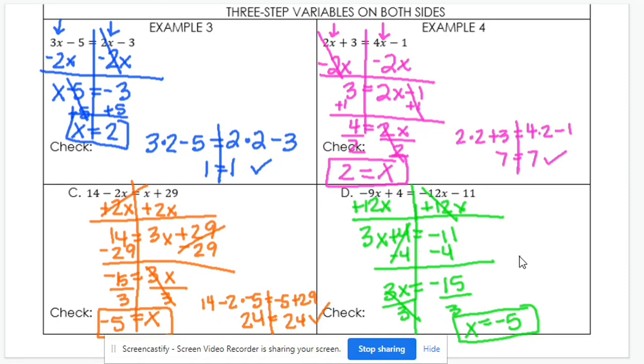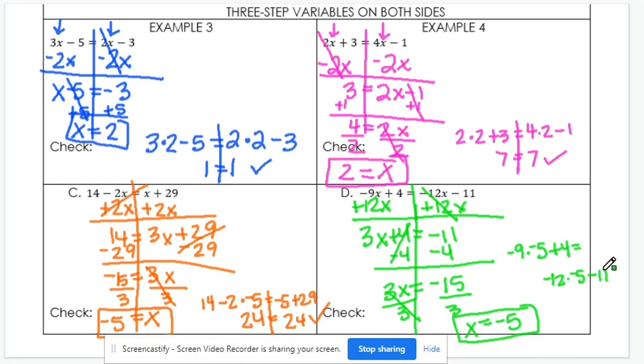All right, for the check, we're going to have negative 9 times negative 5 plus 4. And we want to see if that's equal. I'm going to have to write the other one kind of down here a little bit. Negative 12 times negative 5 minus 11. So I'm going to plug this into my calculator.